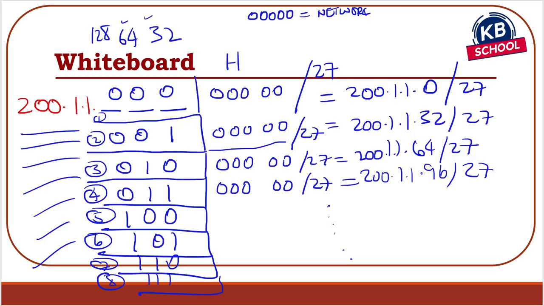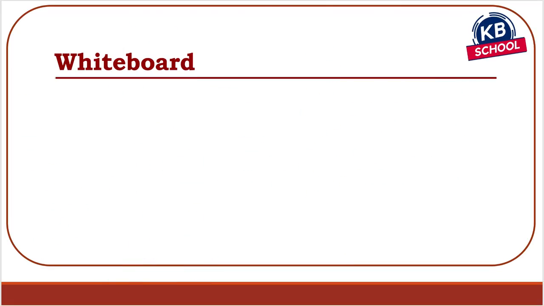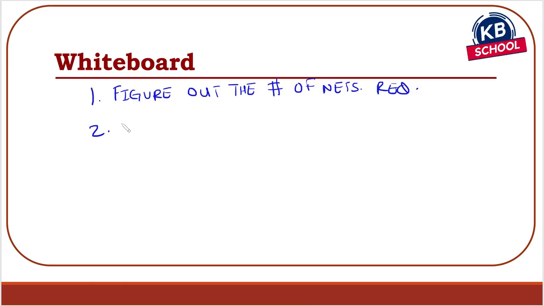So again, to recap the 4 steps so far. Number 1, figure out the number of networks required. This is based on your actual requirement. Number 2, find the number of bits to borrow.